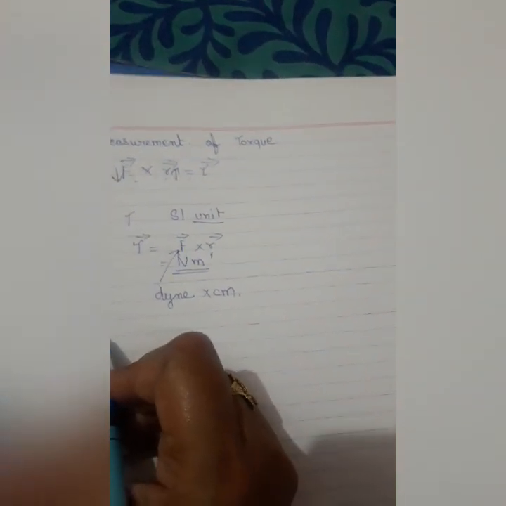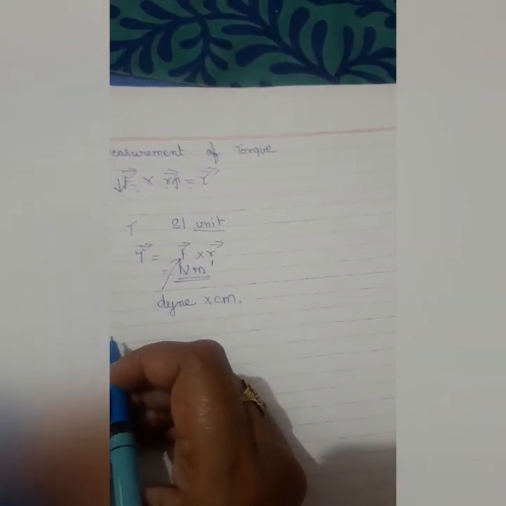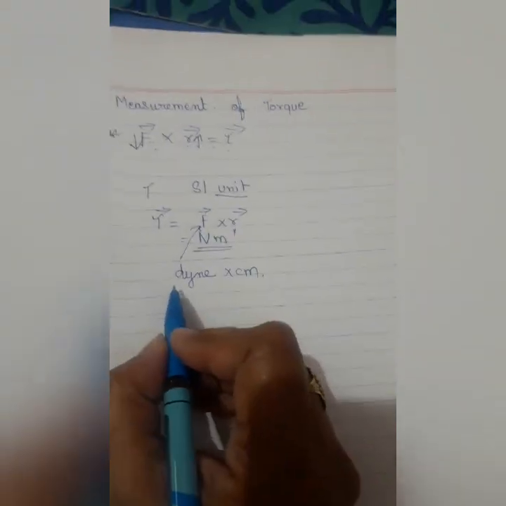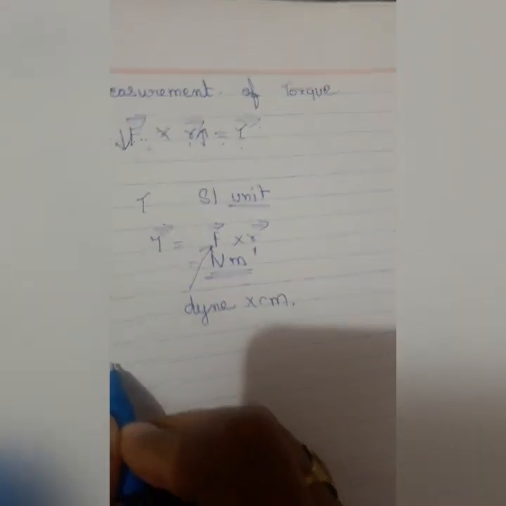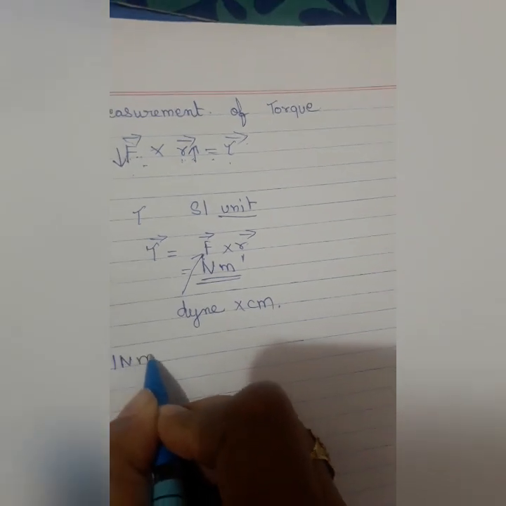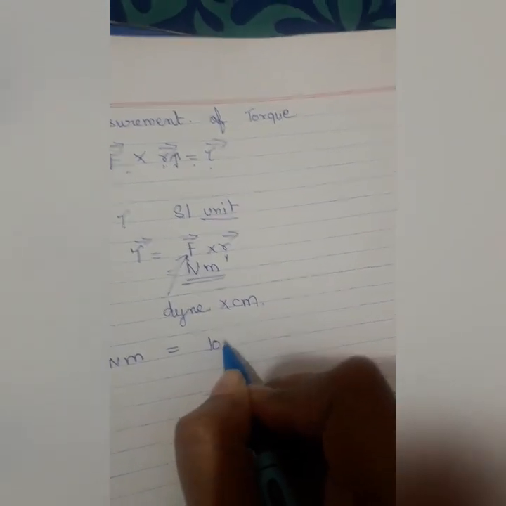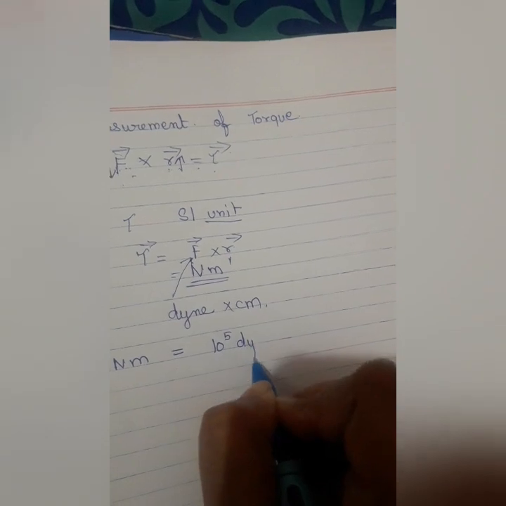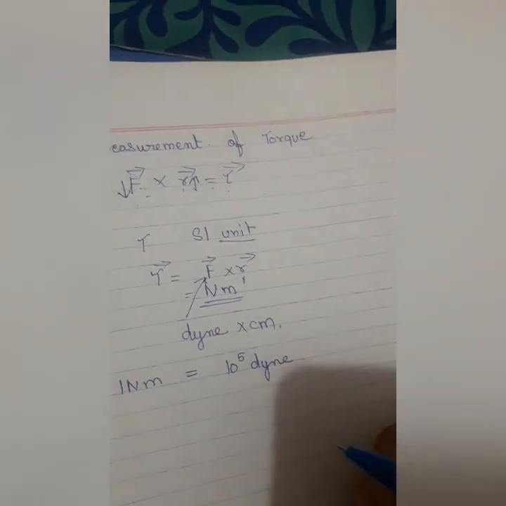right? So here we can have a question: derive a relation between Newton meter and dyne centimeter. So here we can derive this relation also. We can write here that 1 Newton meter is equal to 10 to the power 5 dyne, right?